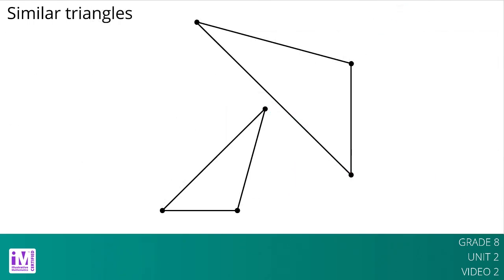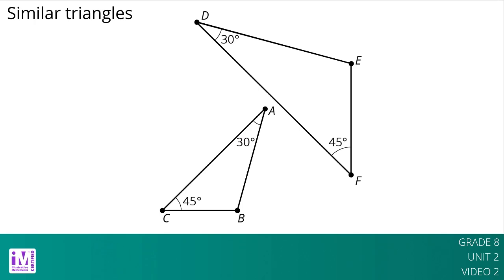When the polygons are triangles, we only need to check that both triangles have two corresponding angles to show that they are similar. Can you tell why? Here is an example. Triangle ABC and triangle DEF each have a 30-degree angle and a 45-degree angle.